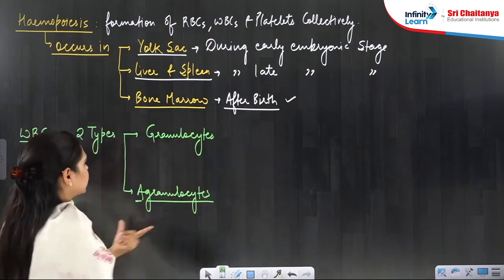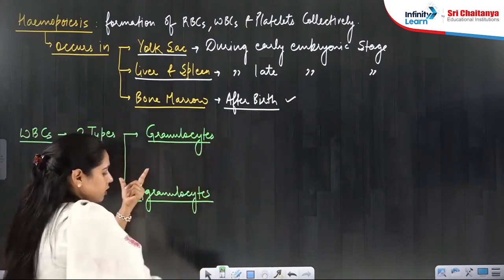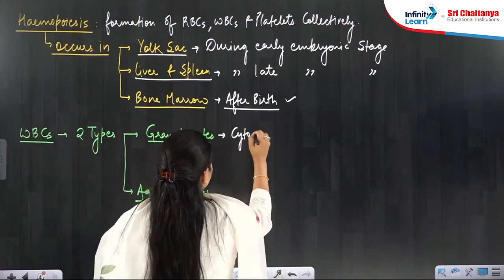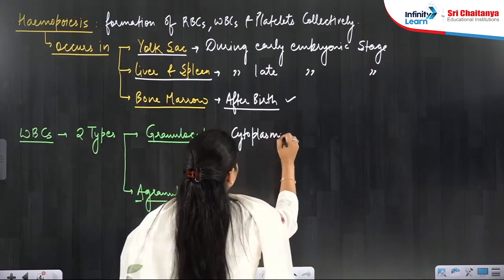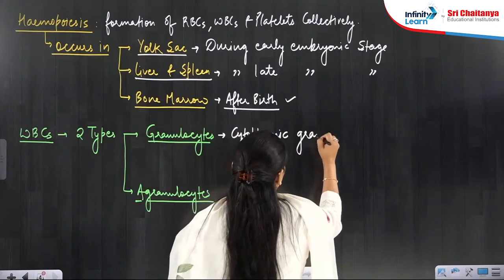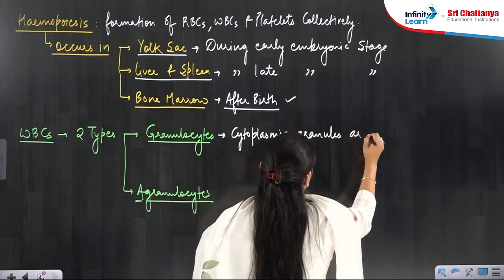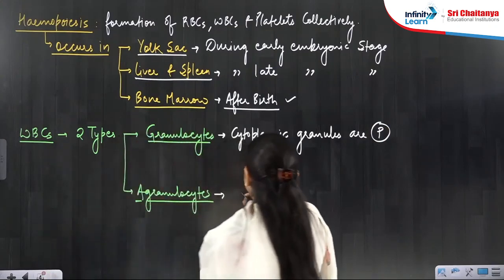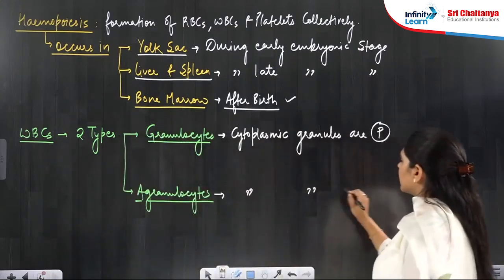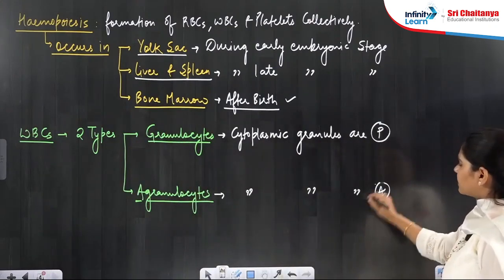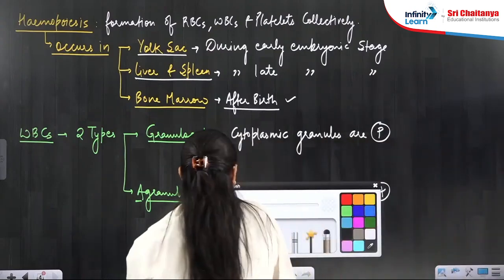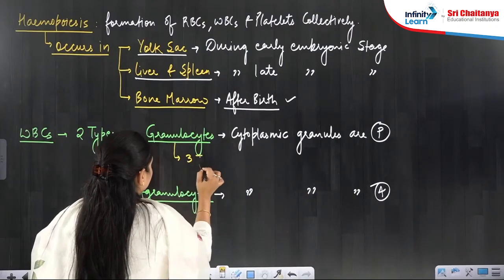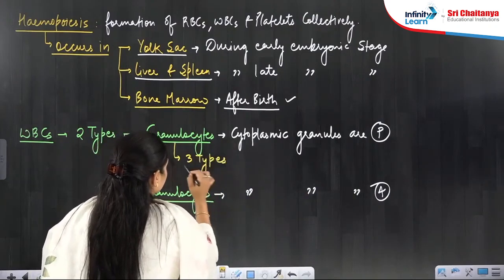All right. So, granulocytes and agranulocytes. In granulocytes, granules are present, beta. Which granules? In the cytoplasm, some granules are present. They are known as cytoplasmic granules. Whereas in agranulocytes, the cytoplasmic granules are absent. Then granulocytes are further of 3 types. What are these 3 types, beta?